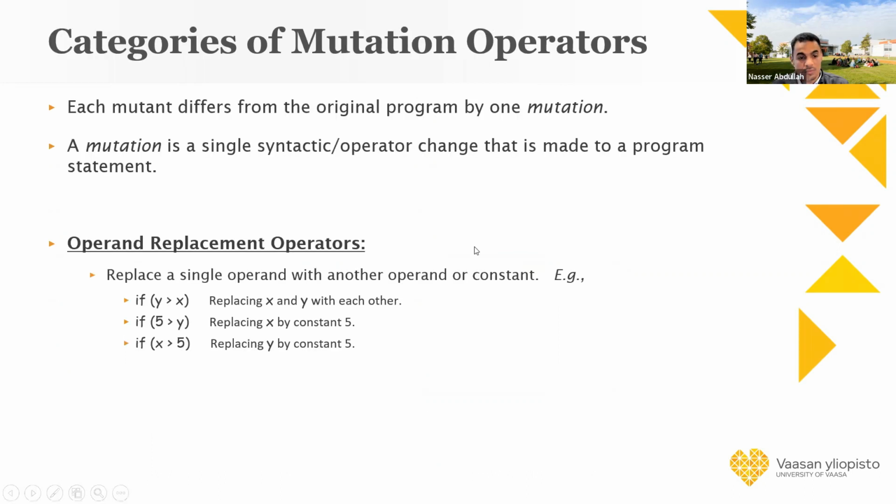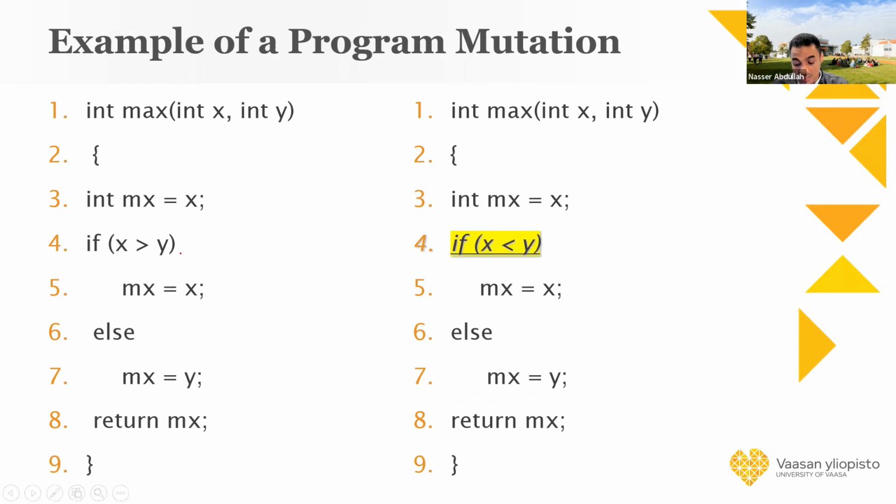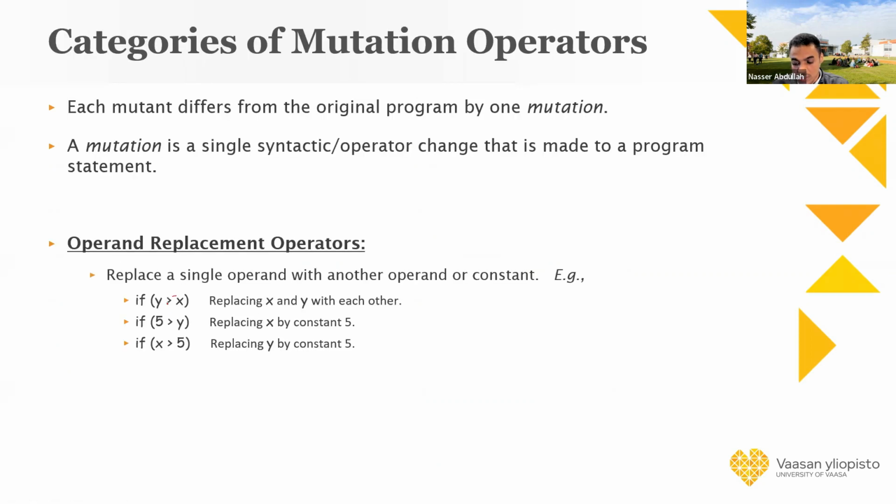So here is more information about that. Even in the operations, we can change. For example, we can replace just one operand. It was x greater than y, and we can change one by a constant. This is another option. We can change any one of them.